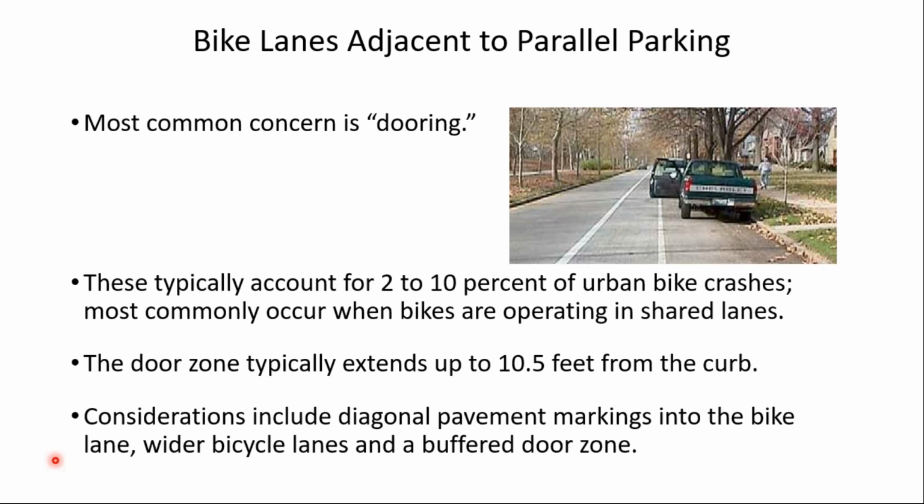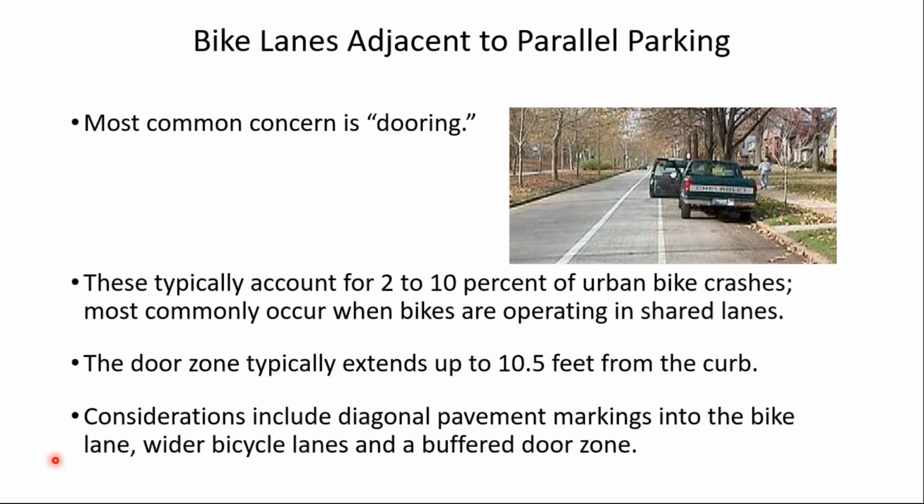And as you see here, it's estimated that dooring incidents typically account for about 2 to 10% of urban bike crashes. And they most commonly occur when bikes are operating in shared lanes. The door zone typically extends up to about 10.5 feet from the curb.